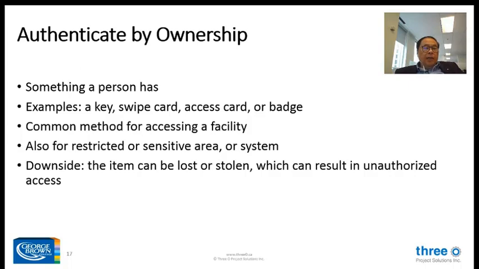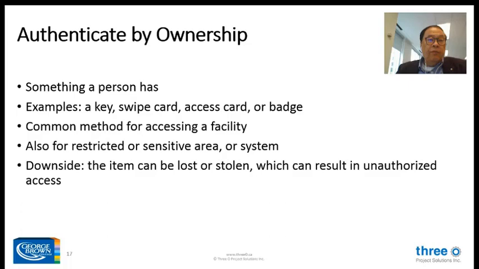So this is a fairly common mechanism to allow access to a facility, okay, and also for an added restriction on sensitive areas or systems. It could be a second layer, or this could be the default instead of using the password.